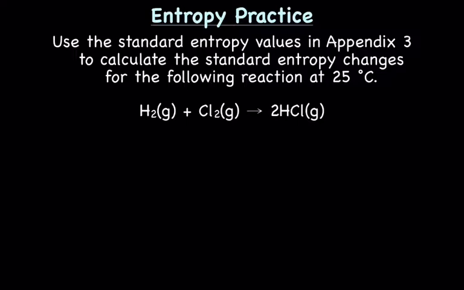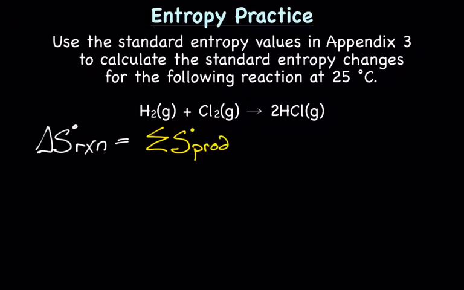The formula we're going to use is delta S reaction equals the sum of the entropy of the products minus the sum of the entropy of the reactants. And from here, we just look some numbers up on the data table and plug and chug.